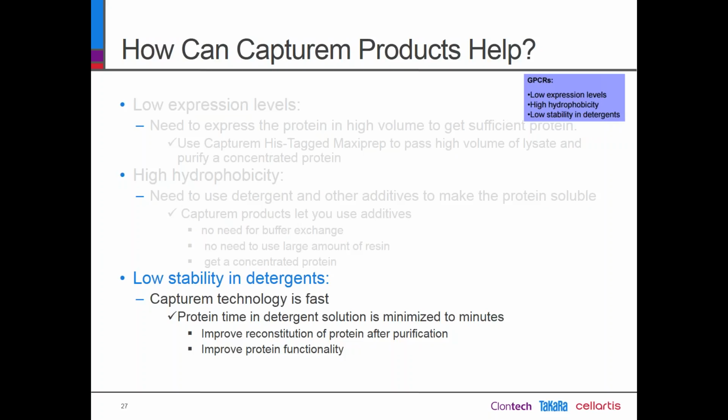As you saw, the protein is only on the membrane for a very short time. This means that the whole purification is short and your protein will be in contact with the detergent and the resin for a very short time. This improves the functionality of the protein tremendously because you only have a few seconds to worry about.